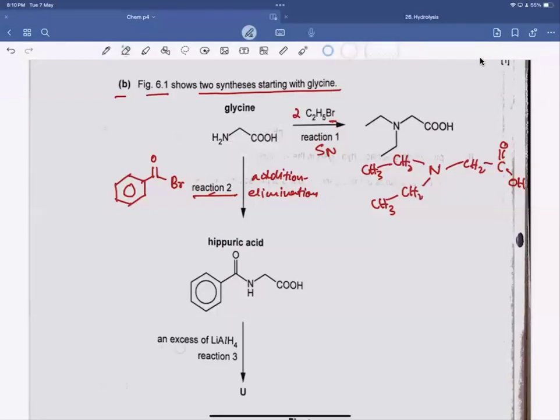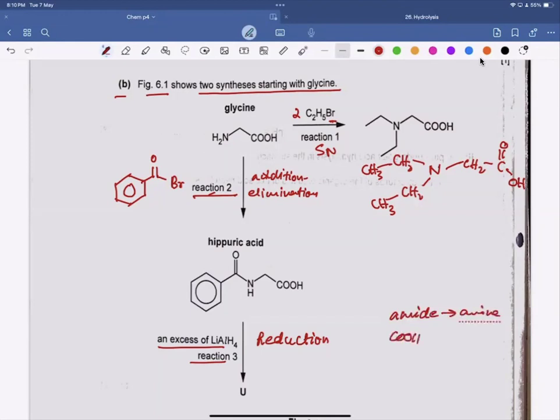Okay. An excess of LiAlH4 has been used in reaction 3, which means it's a reduction reaction, right? LiAlH4 reduces amide. LiAlH4 reduces carboxylic acid. So remember, when there is an amide, amide is reduced to amine.